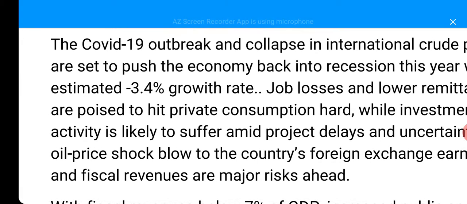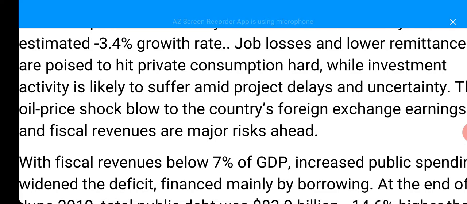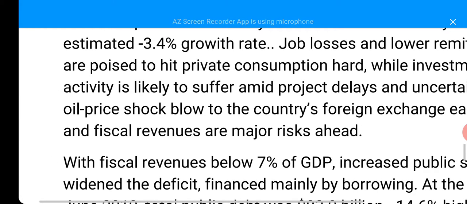The oil price shock blow to the country's foreign exchange earnings and fiscal revenues are major risks ahead. So with the fall in price of oil and fall in demand for crude oil in the world, definitely foreign exchange earnings are going to be affected, as crude oil is the major contributor to the gross domestic product of Nigeria.